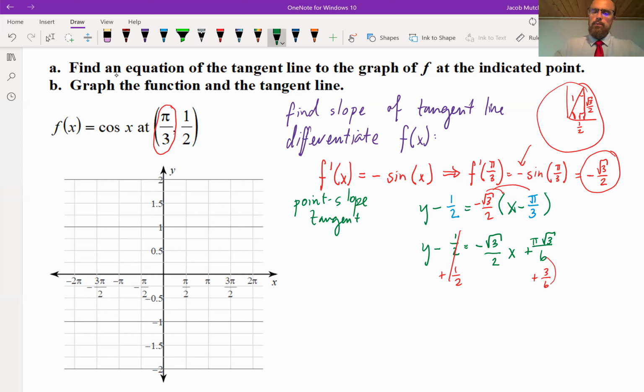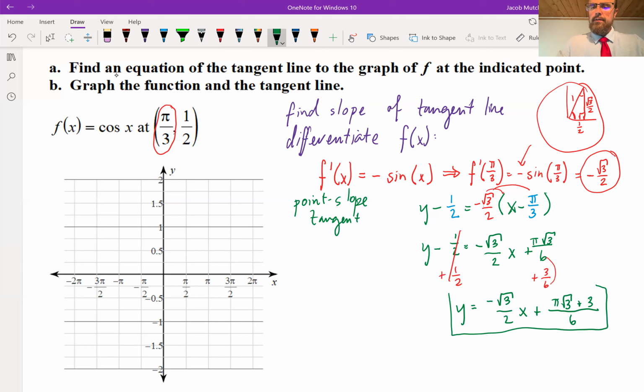And that will give us this tangent line equation, y equals negative square root 3 over 2 x plus, in my numerator, pi square root 3 plus 3, over 6. And that's the equation of my tangent line. Now, a lot of irrational numbers there, again, because we're dealing with cosine, a trigonometric function. And we'll graph that in a moment.